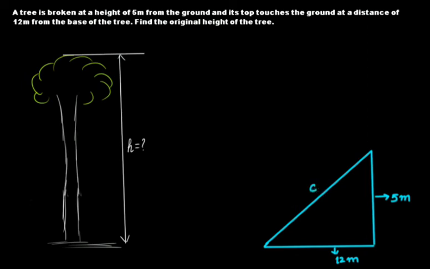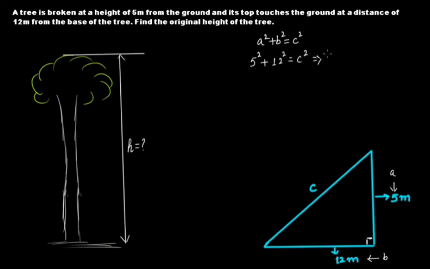Now, you know from the Pythagoras property that a square plus b square is equal to c square in any right angle triangle. Of course, this is the right angle. This will therefore be the hypotenuse of this triangle. So let's say that this is a and this is b. So a square means what? 5 square plus b square means what? 12 square, and this, let it be c square.